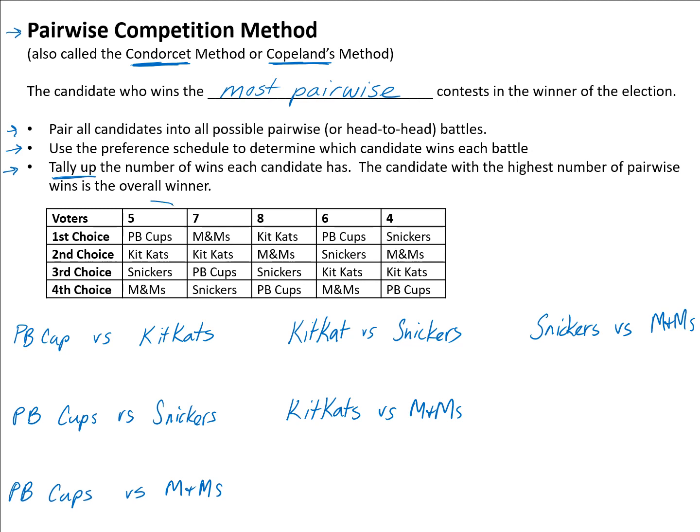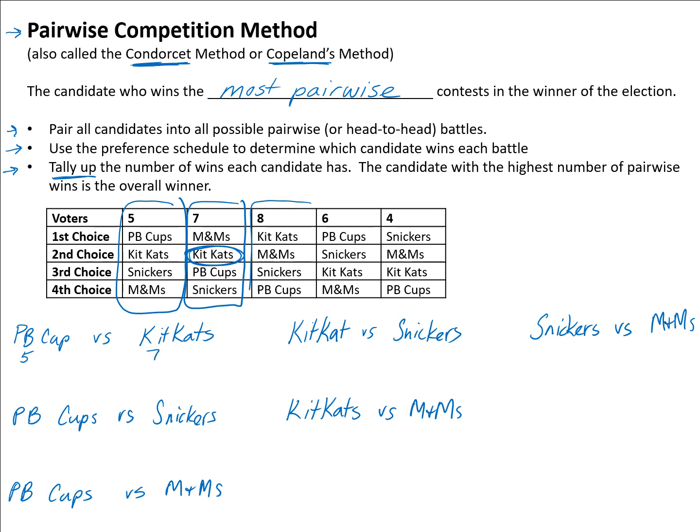When we look at this first column of 5 people, peanut butter cups is at the top. That means they prefer peanut butter cups over Kit Kats. So those 5 people would definitely vote for peanut butter cups. I'm going to put a little 5 next to peanut butter cups. The next 7 people, though, have Kit Kats higher in their list than peanut butter cups, so those 7 people would vote for Kit Kats.